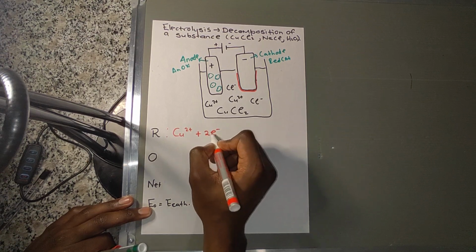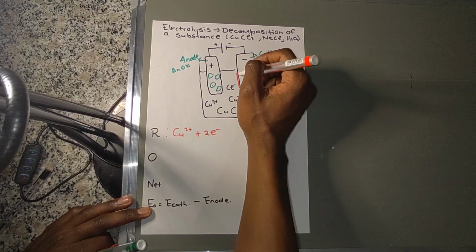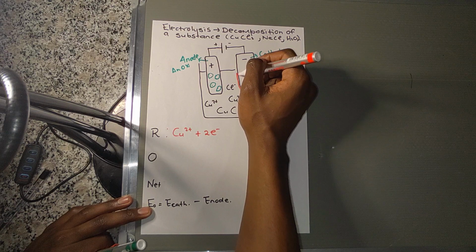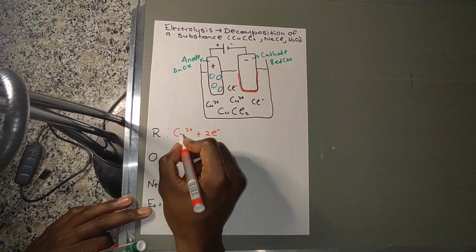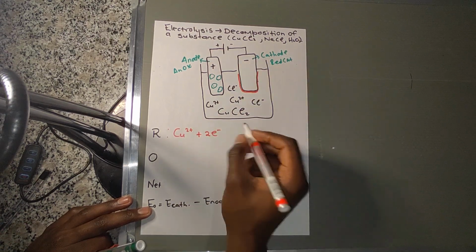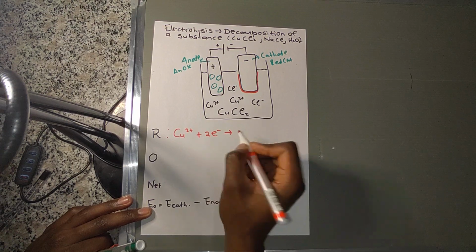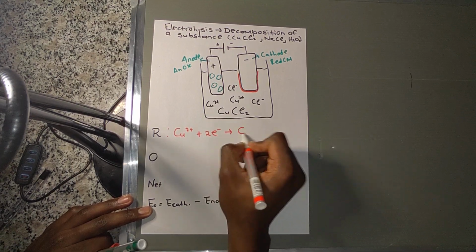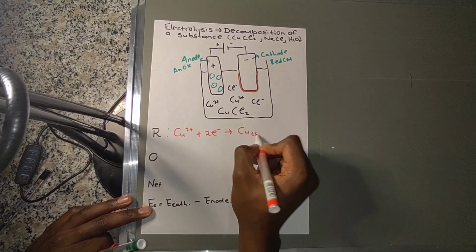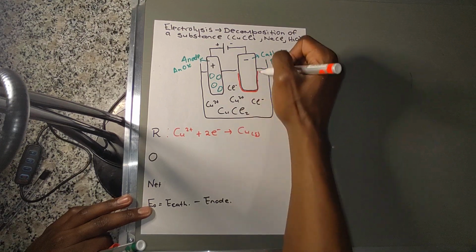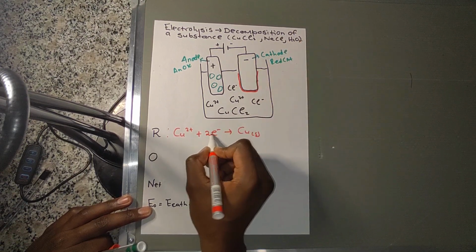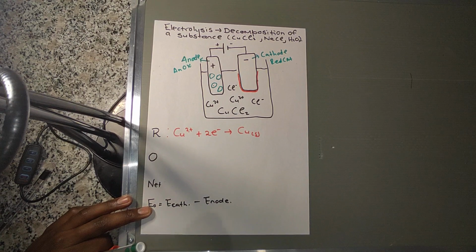How do we know that we're adding 2 electrons? It's because we're forming a metal copper. So that means this is a neutral copper. So to neutralize these ions, we need to give it 2 electrons. And then we get a copper, which is a solid. We have a solid as a result. So we should add 2 electrons, which will completely neutralize that charge.